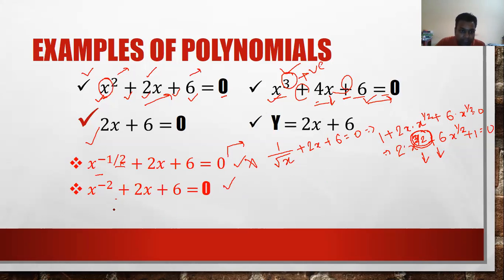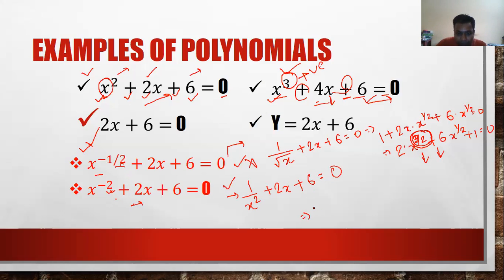I have taken a similar example. After discussing this one, you can conclude that this should also not be a polynomial, but this is not the case. When you simplify this one, you'll get 1 by x square plus 2x plus 6 equal to 0.